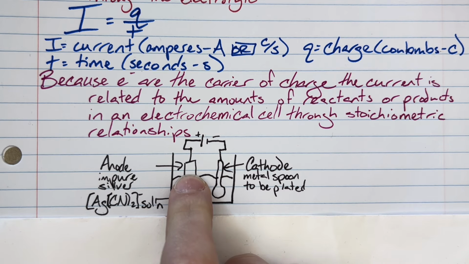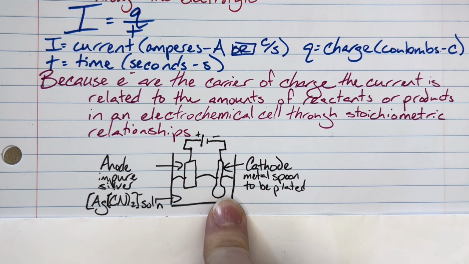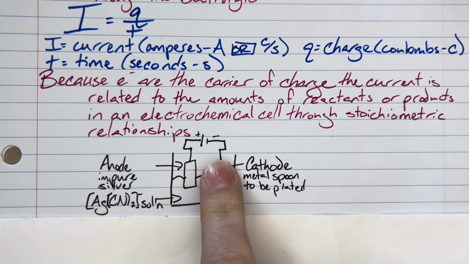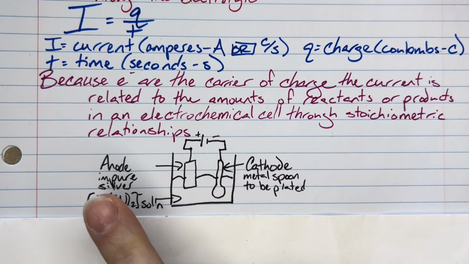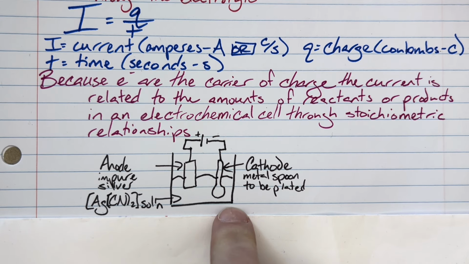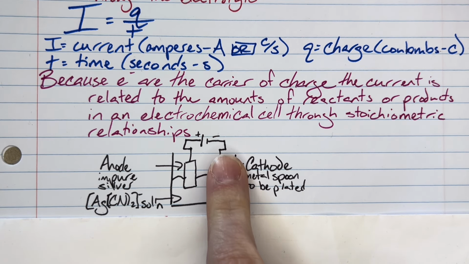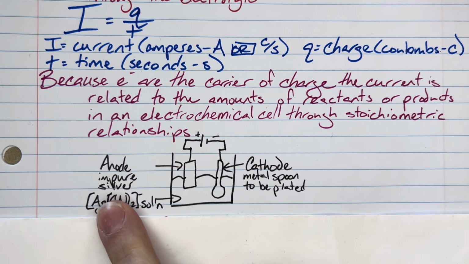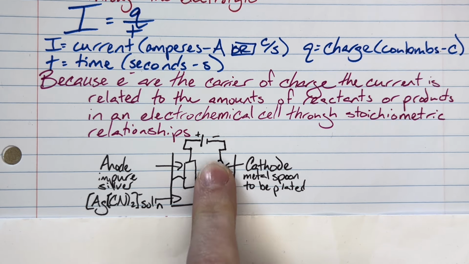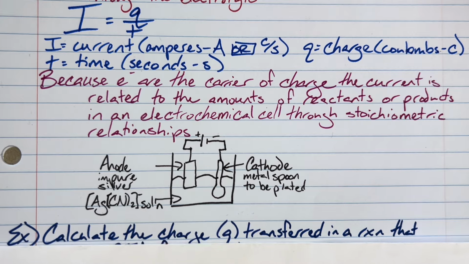We will have electrons go from the anode to the cathode and flow through, and then the desired substance that is going to be electroplated will be plated onto the cathode. So in this system, that would be silver.